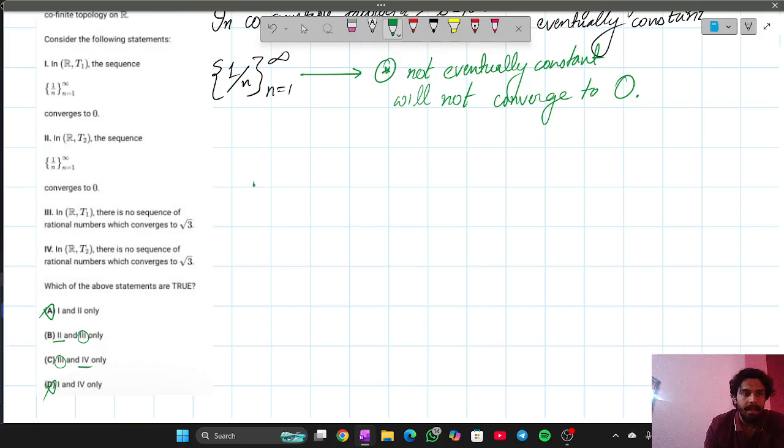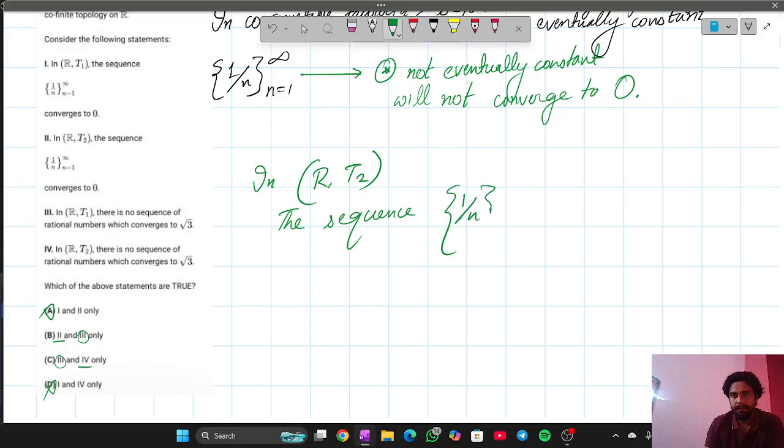Now, in R with T2, the sequence 1 by n, n going from 1 to infinity, you can observe that the sequence does not have any term which keeps on repeating infinitely.